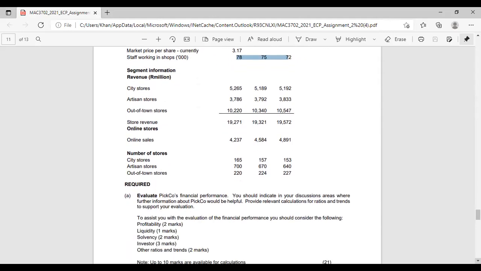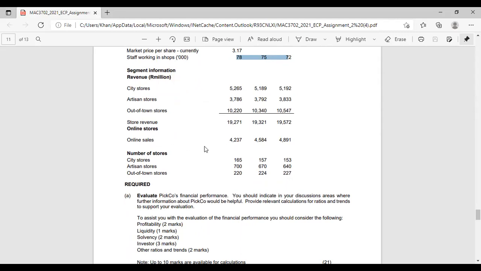So this is segmented information. We have city stores, artisan stores, and out-of-town stores. City stores are more or less the same. Artisan stores, more or less the same. So quite stable, but you can obviously work out the change. And then online sales.